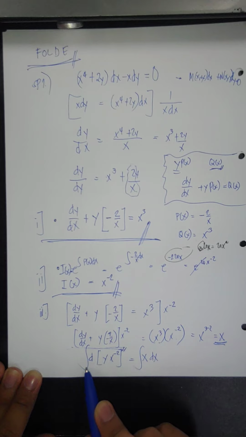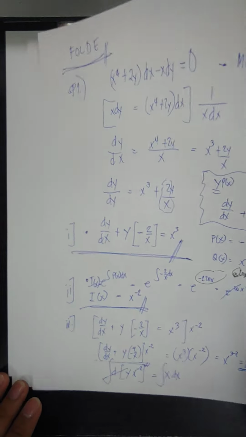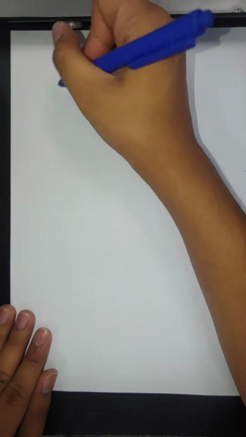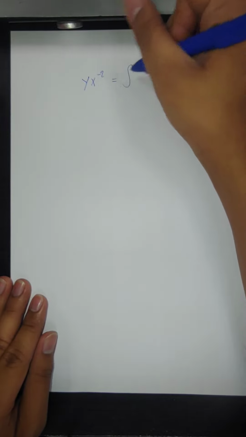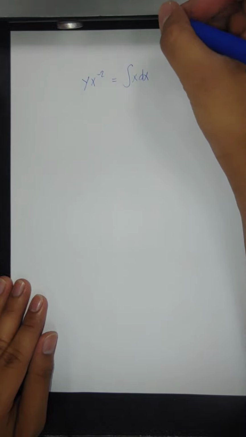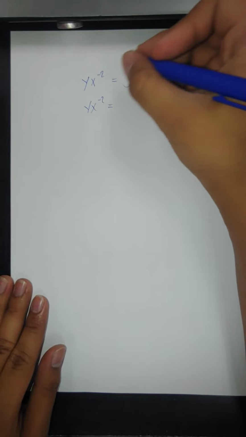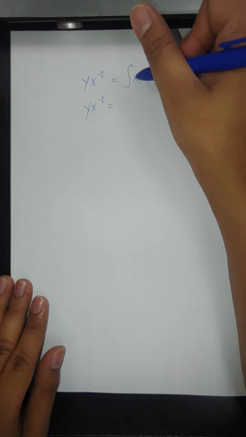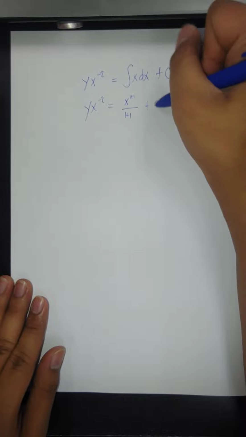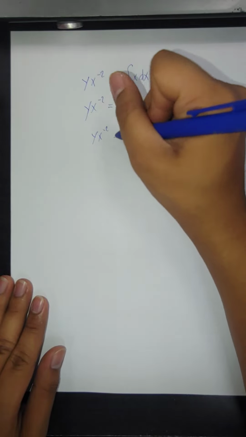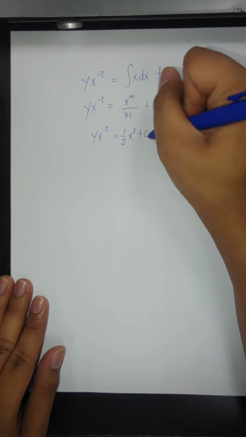Another name for the integral is the antiderivative, so they are inverses and they cancel. So I will just rewrite it here: y times x to the negative 2 equals the integral of x dx plus c, a constant. Integrating x gives x raised to 1 plus 1 over 1 plus 1, plus c. So y x to the negative 2 is equal to 1 half x squared plus c.